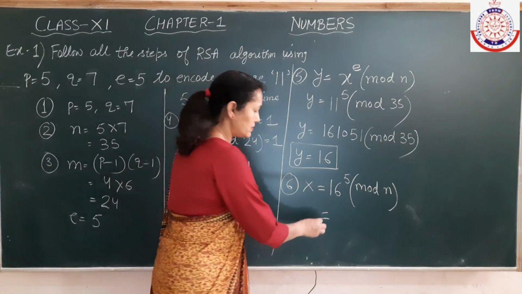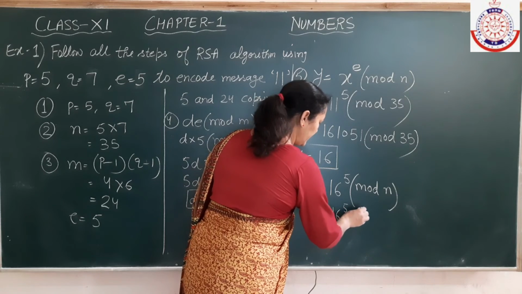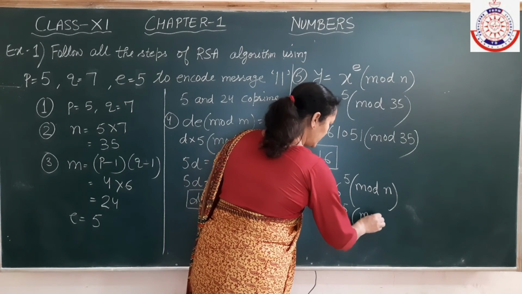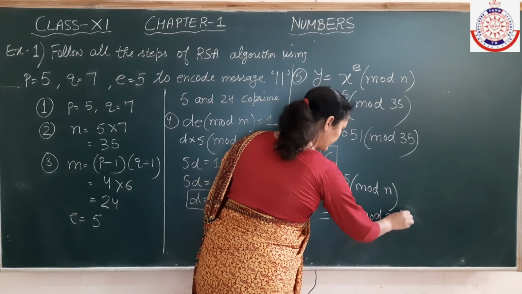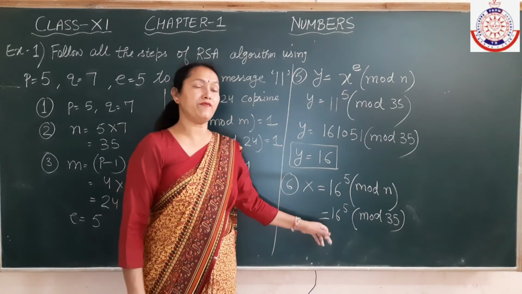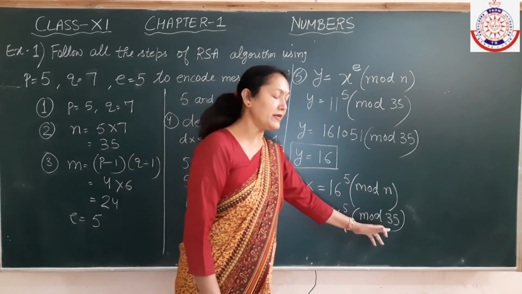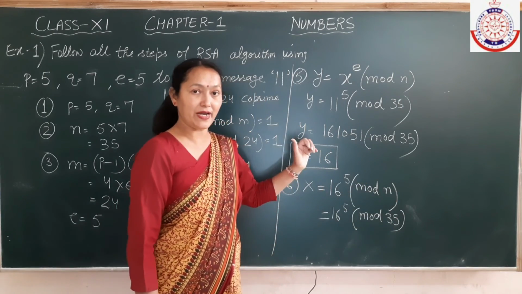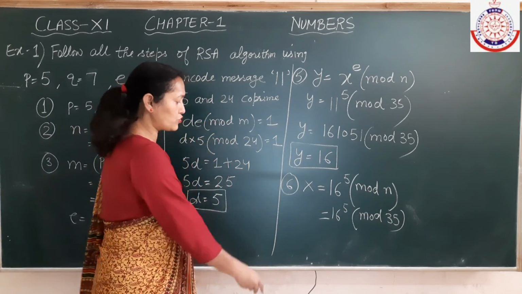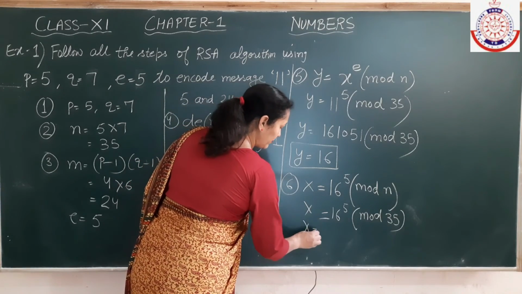Then 16 power 5 divided by 35. Again multiplying 16 5 times, whatever number you get, when that number is divided by 35, you will find that the remainder comes out to be 11 itself.